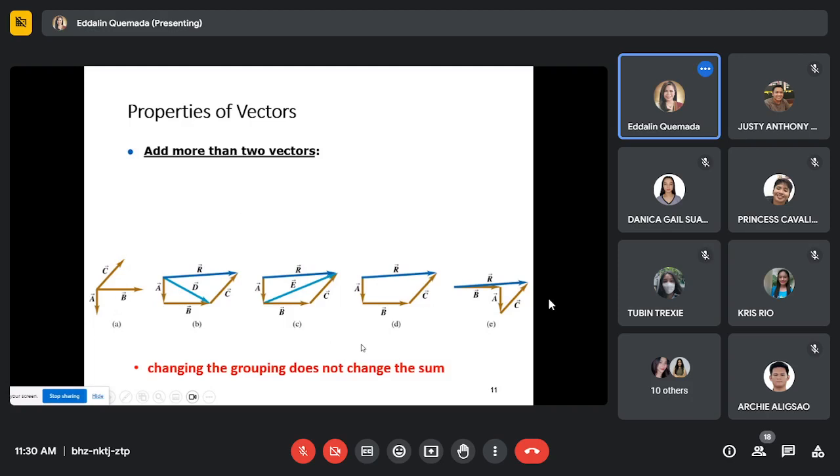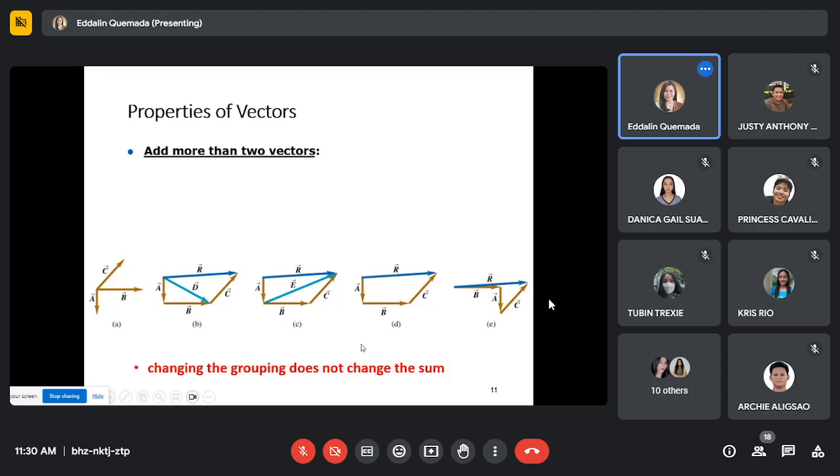What makes this showing the associative property? Yes, wala na-change ang grouping, same ra gihapon ang resultant nga vector. Okay, so it does not matter ang pag-group sa vectors with its value sa iyang resultant.